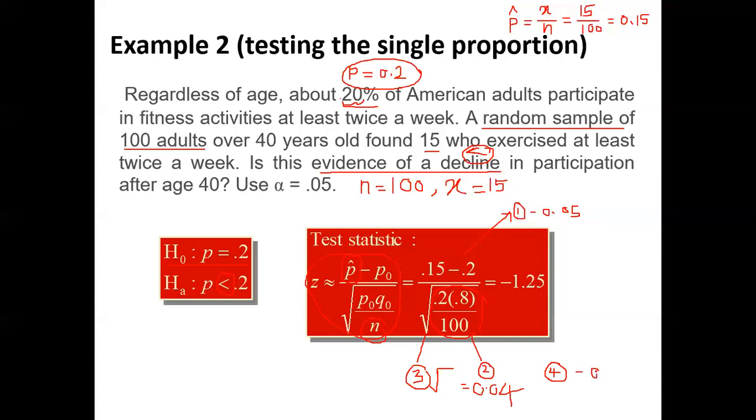So negative 0.05, and then divide by the value in the third step, when you square root the answer in the second step, which is 0.04. So the final answer, you will get negative 1.25.